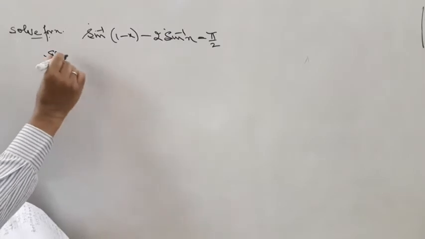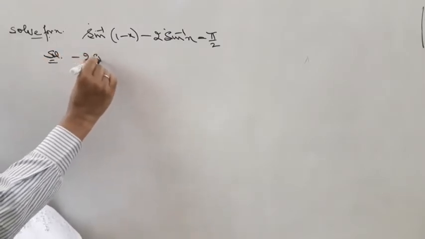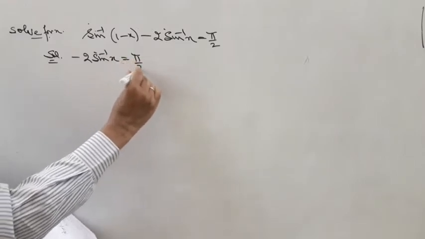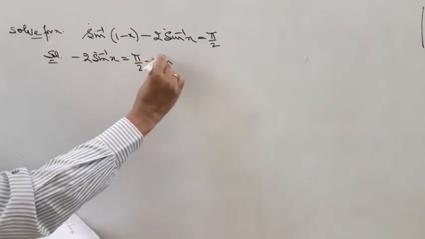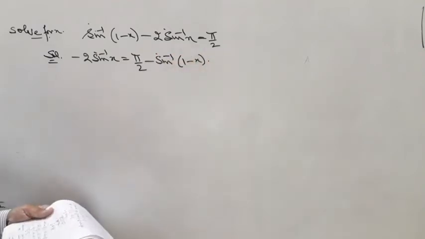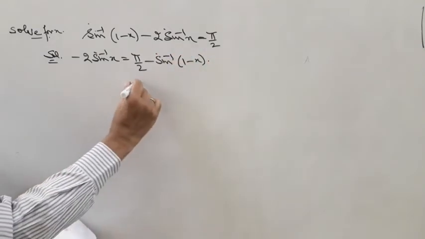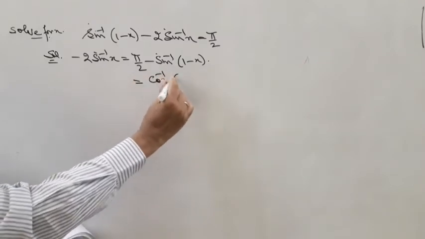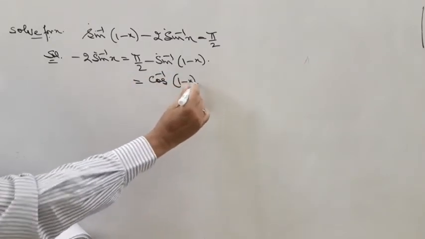The solution: minus 2 sine inverse of x is pi by 2 minus sine inverse of 1 minus x. Pi by 2 minus, again the same property you can apply, cos inverse of 1 minus x.